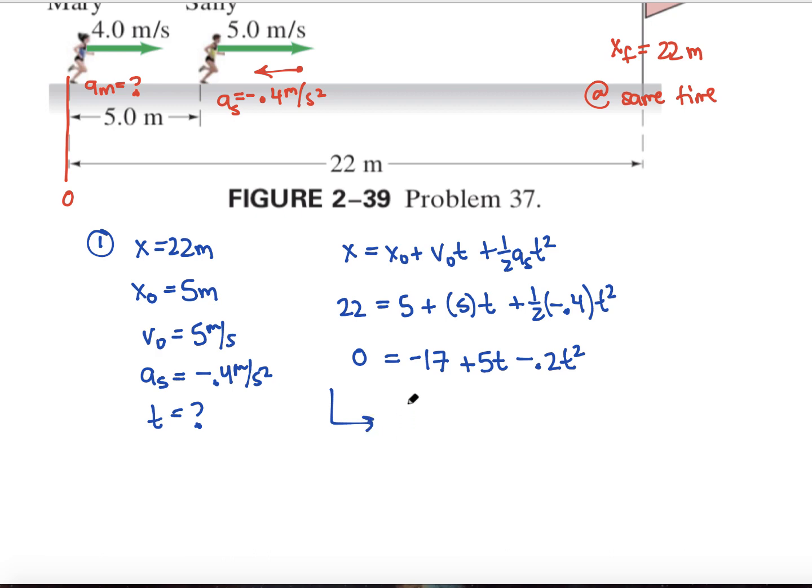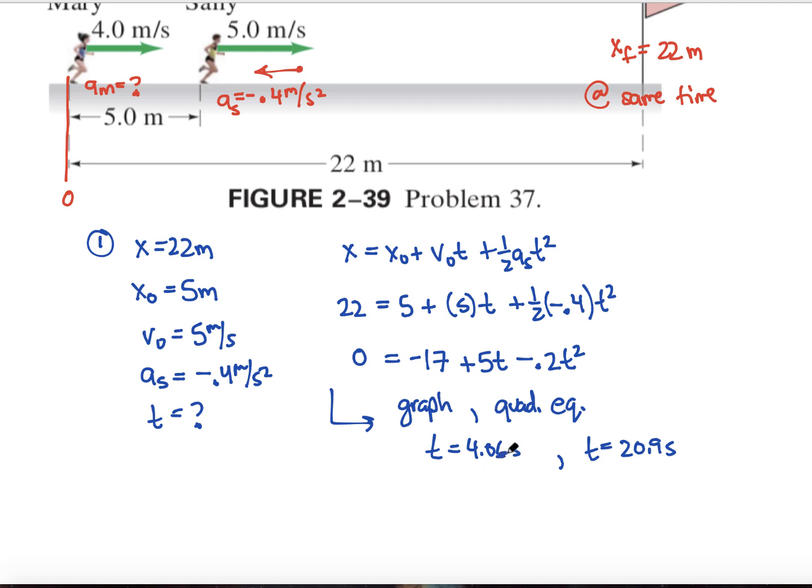One of them is to either graph or use the quadratic equation to find my solutions to this equation. So I'm going to go ahead and use the quadratic equation on my calculator, and I'm going to get 2 numbers out of this. I'm going to get 4.06 and 20.9.